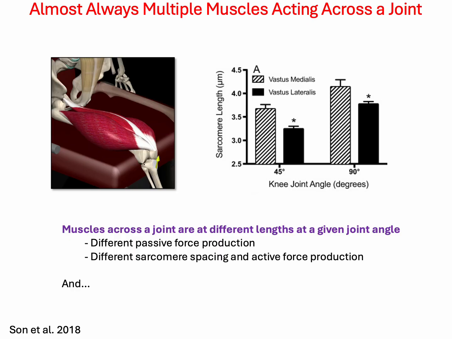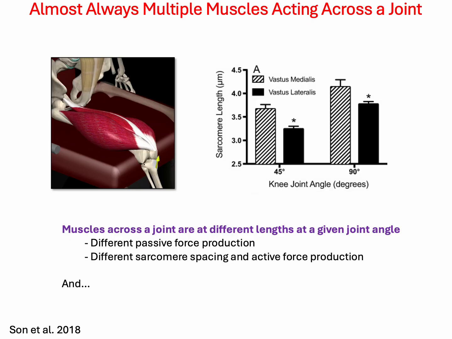At a joint angle of 45, you see longer sarcomere lengths in the VM compared to the VL, and the same is true at 90 degrees. So this suggests that there's more active force potential if you're just looking at sarcomere length in the VL than there would be in the VM because of the actin and myosin overlap that we discussed earlier.